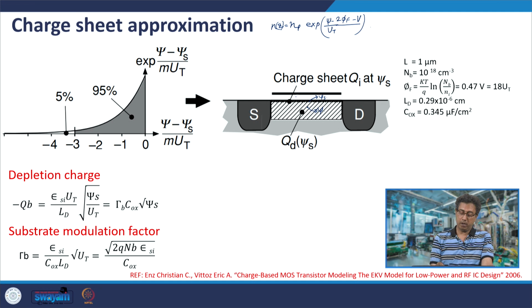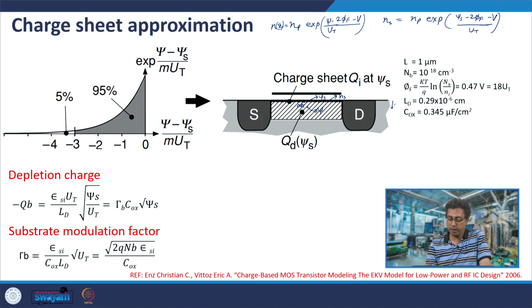So, what is the charge density at the interface? Let us call it Ns at the interface here. That would be exponential of chi s minus 2 phi f minus v, by ut. So, what would be the charge density at a distance delta z below the interface?